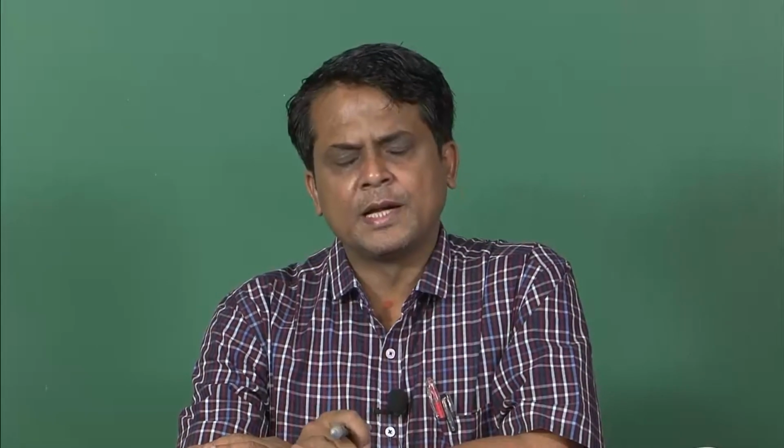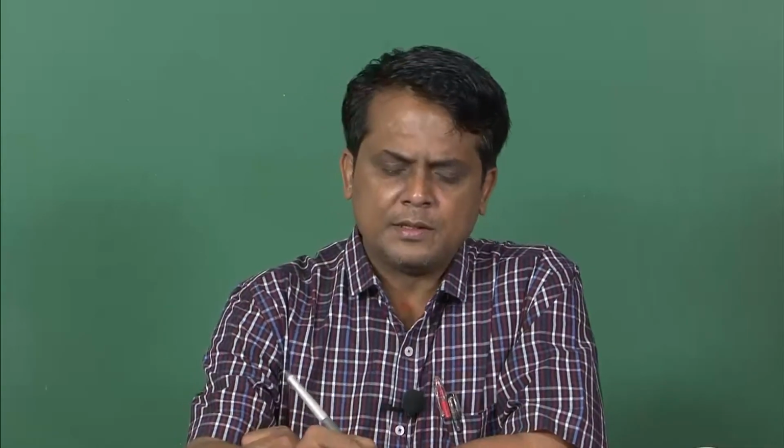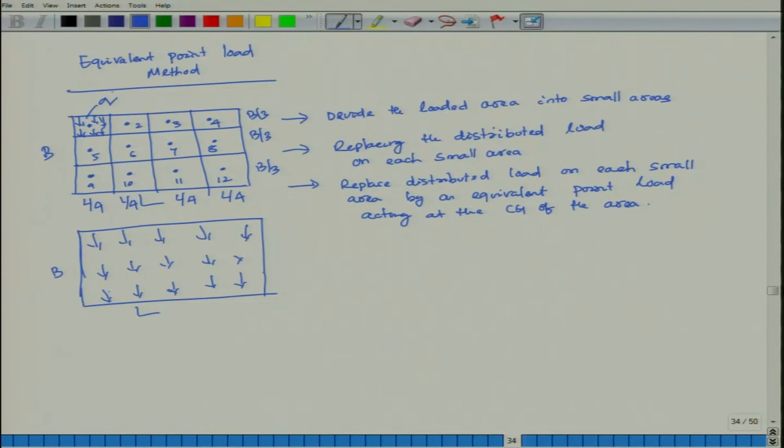So if this is a UDL Q, load intensity per unit area, the point load is Q into B by 3 into L by 4, since this is my B by 3 and this is my L by 4. This is point load Q1, the equivalent point load, which will act on the CG of this area. That is why it is called equivalent point load.